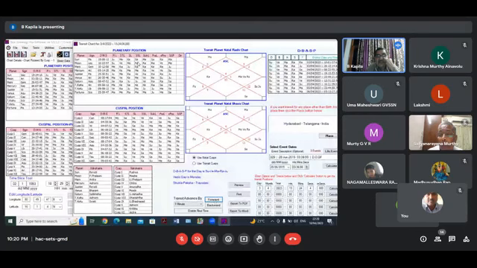Now I get Rahu over here. Is it possible to have Rahu? Yes, sir.